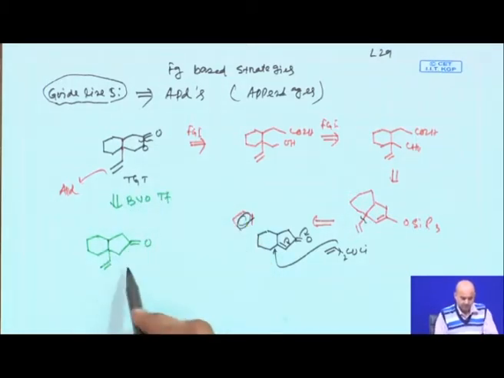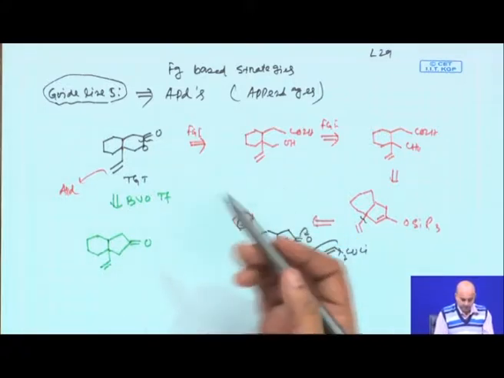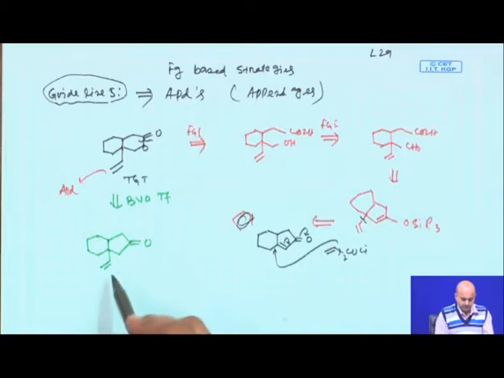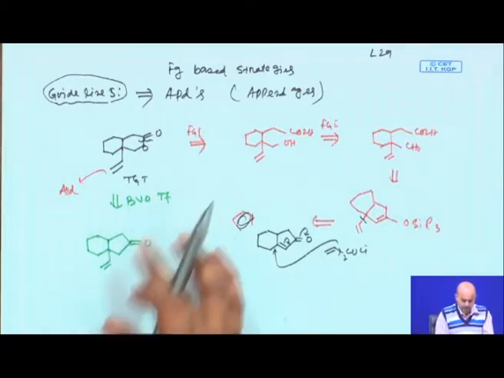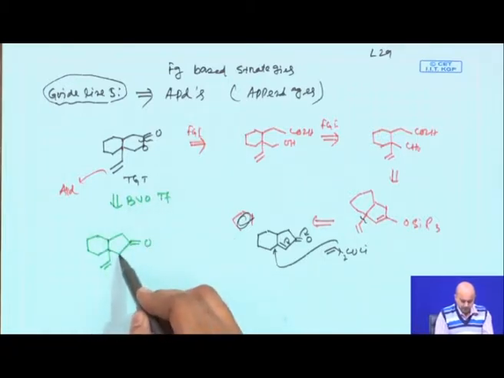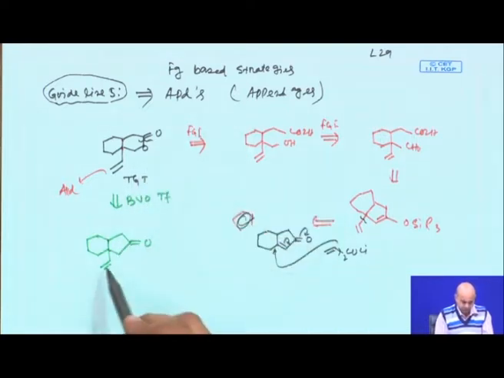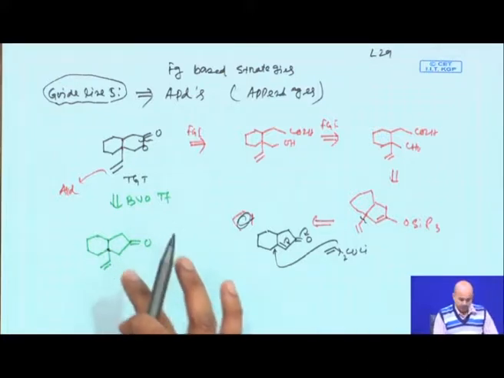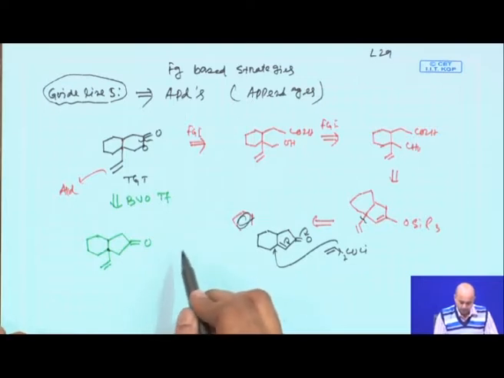A Baeyer-Villiger reaction in principle can basically give you 2 lactone products. If this bond migrates it gives you this, and if this other bond migrates it will give you this other lactone, but this bond migrates because it is more substituted. So, Baeyer-Villiger oxidation also is a good way to introduce these things.